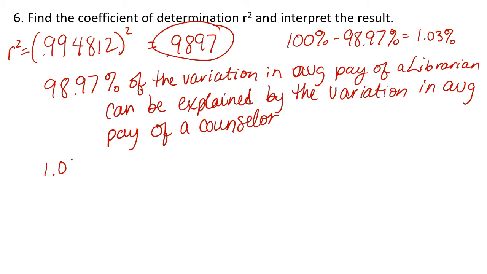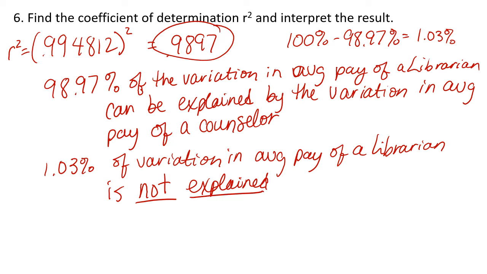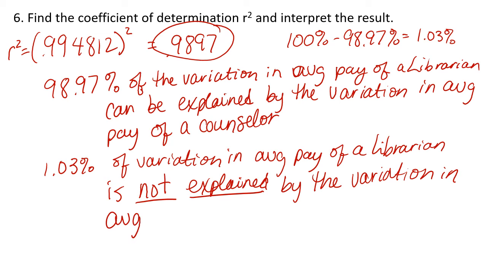So that means just a little over 1% of the variation in average pay of a librarian is not explained by the variation in the average pay of a counselor.